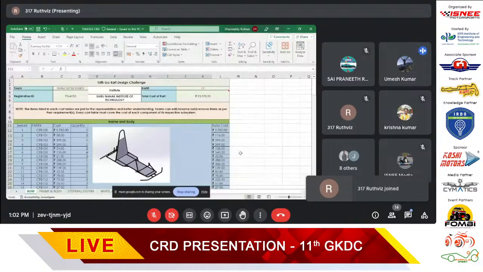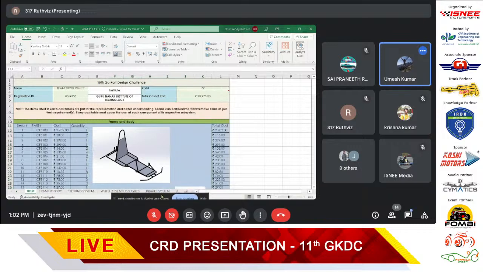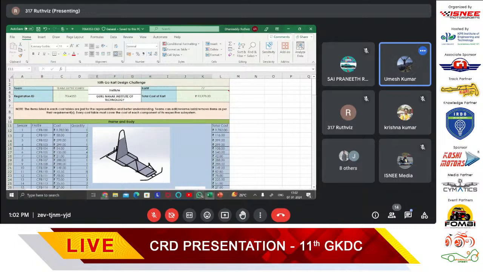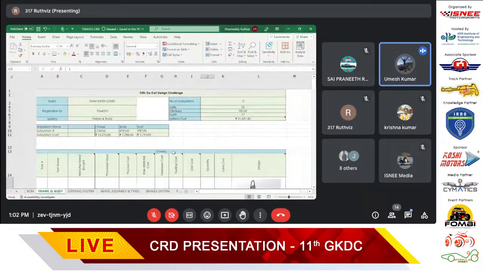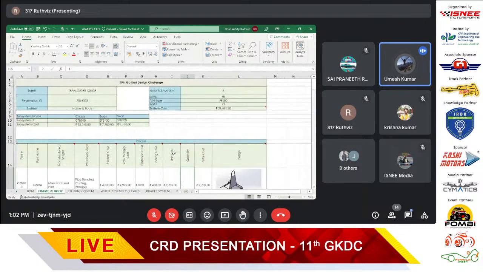Go to frame and body. You can hide this presentation window. Yes. Frame and body. And CFB 100. Explain all the costs associated with this.